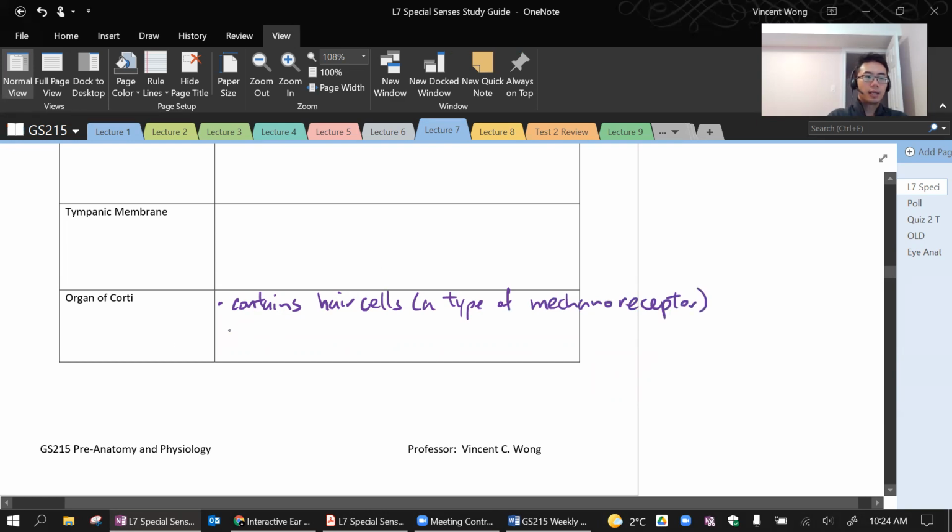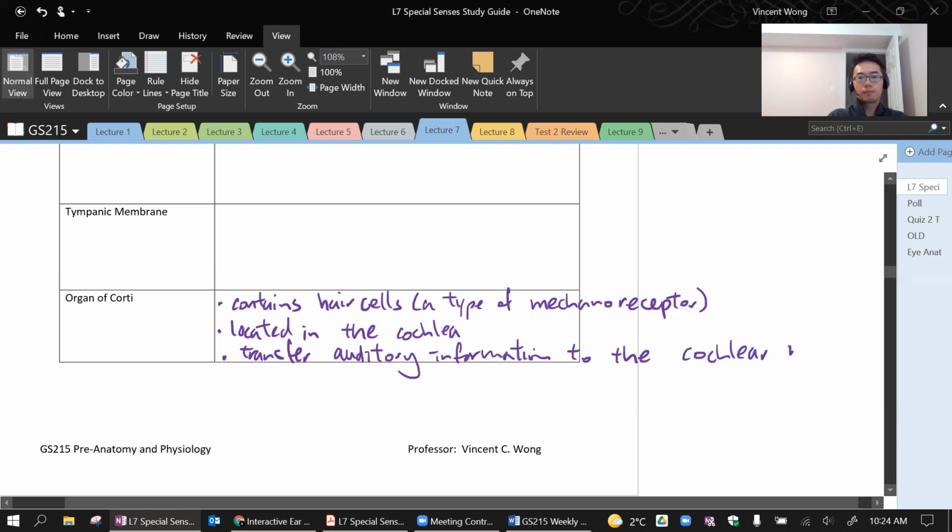I should say they are located in the cochlea, and their job is to transfer sound, auditory information, to the cochlear nerve. Okay.